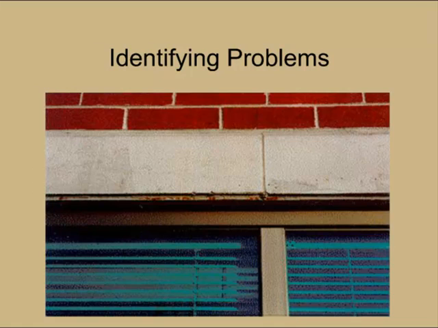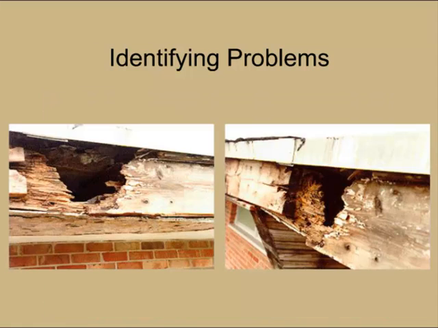When you're looking for problems, you're going to be looking for identifying symptoms typically, and they can range from relatively minor conditions, surface corrosion showing here on the steel lintel over these windows, to more significant, more severe conditions that are actually affecting structural elements.